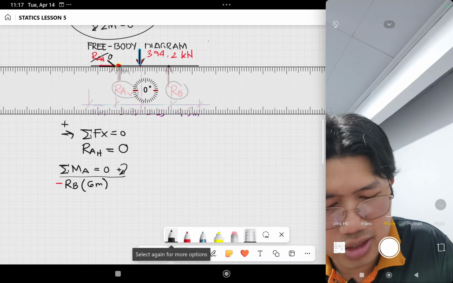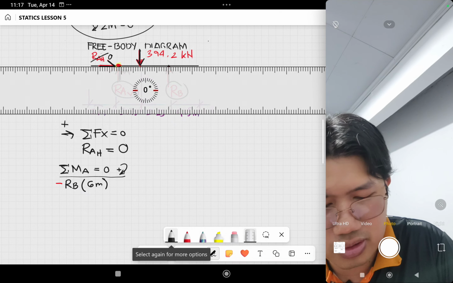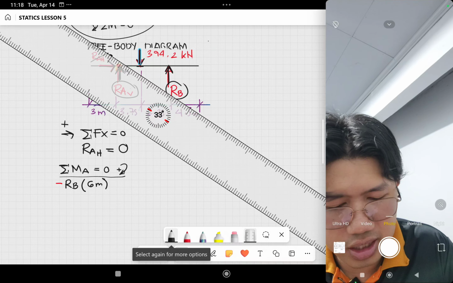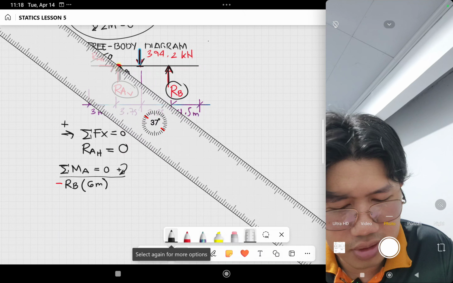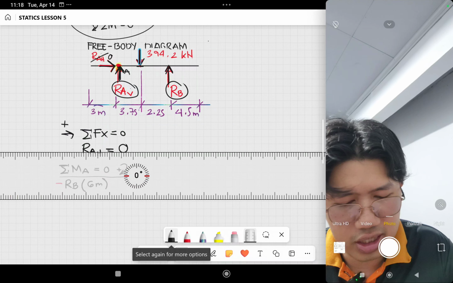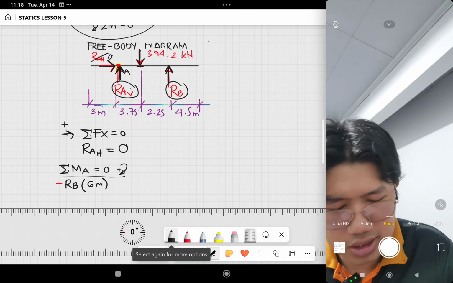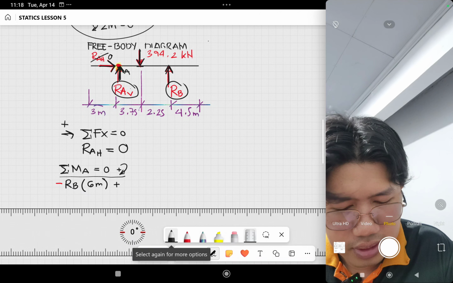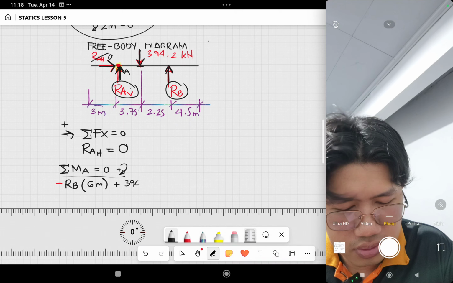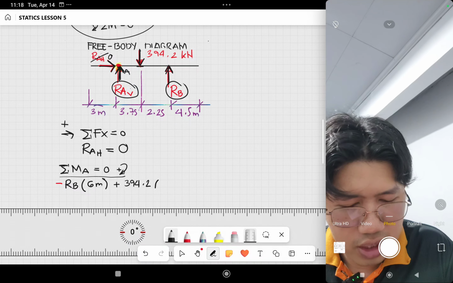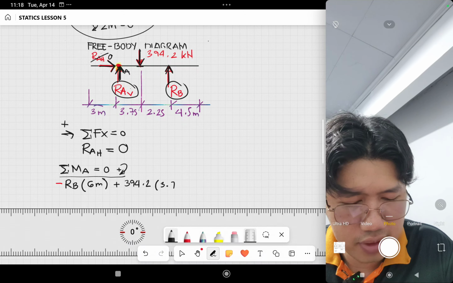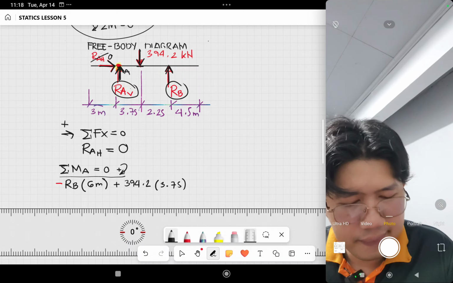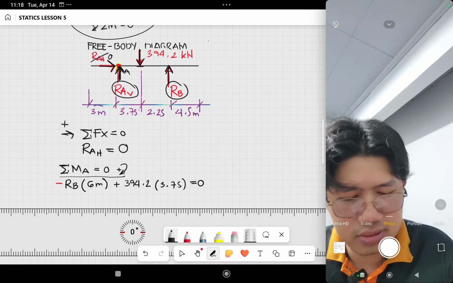Now if follow natin yung direction ni 394.2, which is pababa, so ipupush niya yung ruler pababa and about A, so magro-rotate siya about A clockwise manner, so that is plus 394.2 times 3.75, and that is equals to 0.